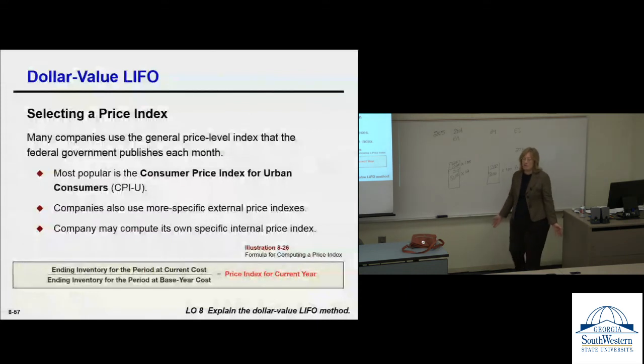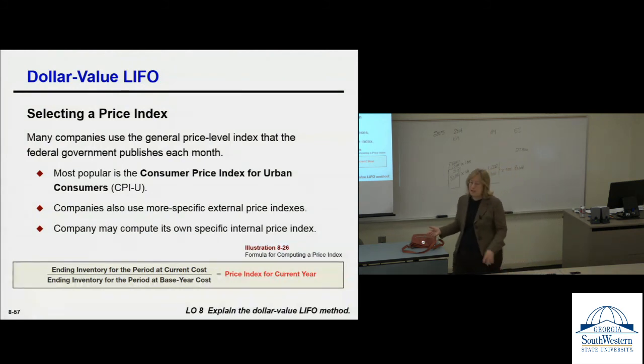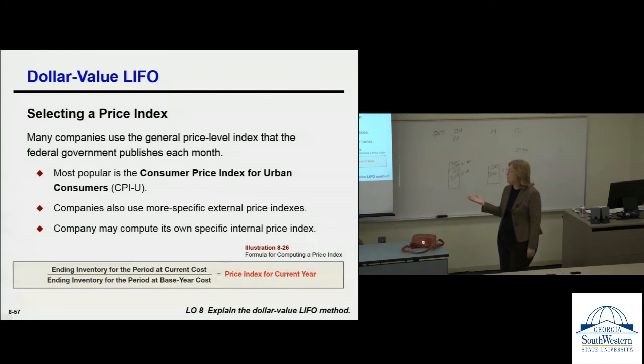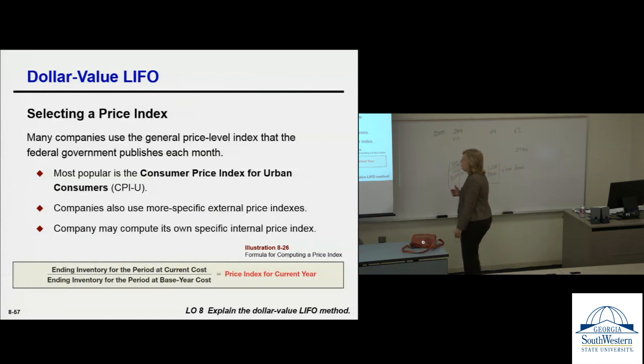How do we get a consumer price index? Where do we get the consumer price index? For a grocery store or a Target or something like that, they might use the real consumer price index. There's a lot of consumer price indexes for cars, clothing, whatever. There's one for urban consumers, and you could take that government-approved consumer price index and create the index. Or it could be based on your particular goods and how much they've gone up. You could create your own price index.